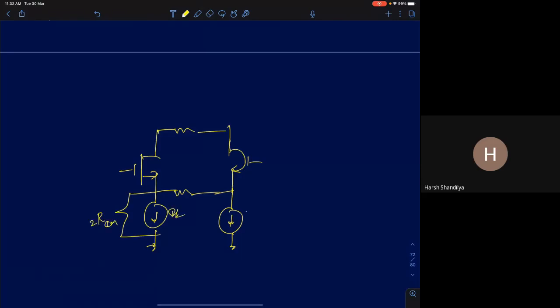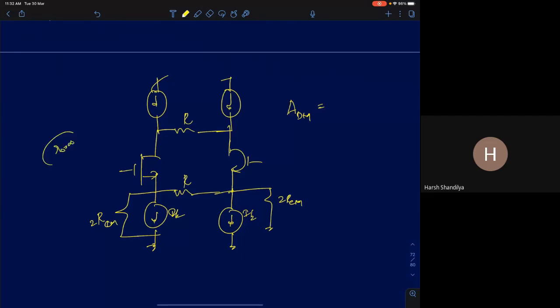So this is I by 2, I by 2. This is R here, R here. Can you tell me what ADM is for the circuit? Ignore R naught, assume R naught is infinity. Can you quickly tell me what ADM will be for the circuit?